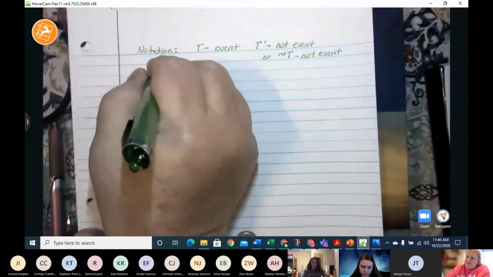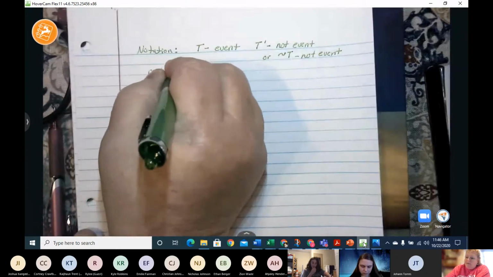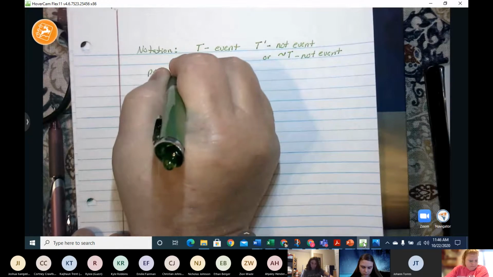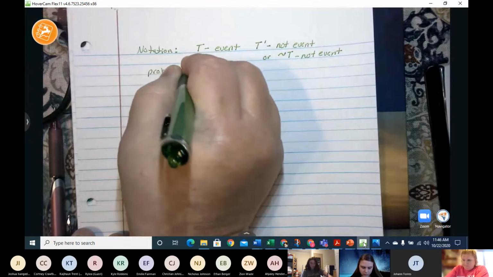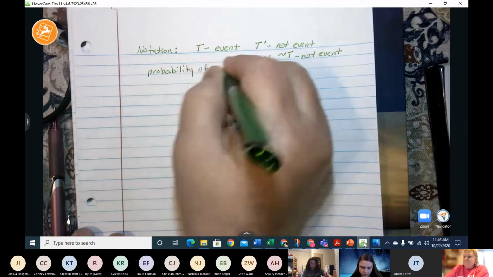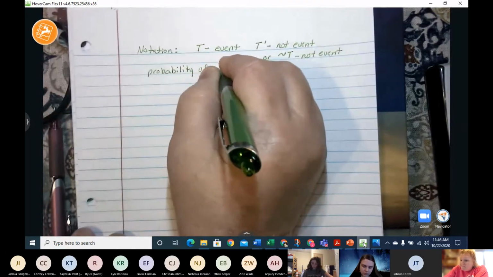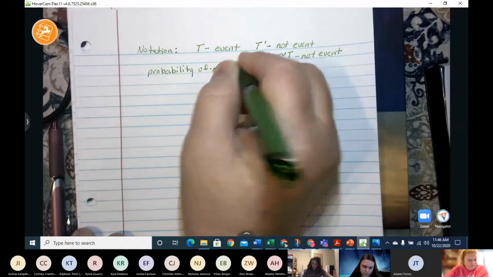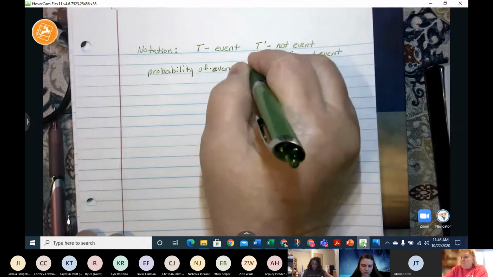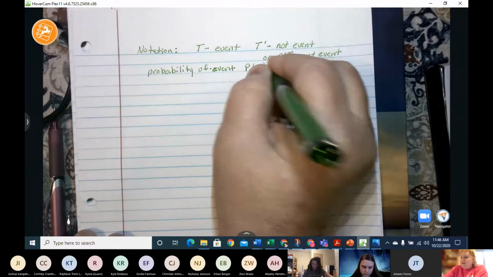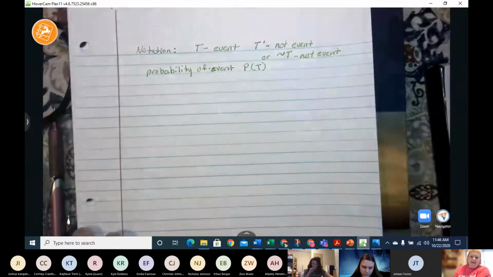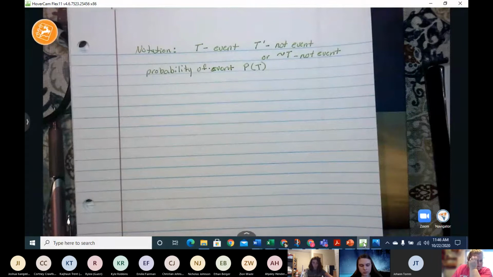So if I want to indicate the probability of an event, I would write P and the name of the event in parentheses.